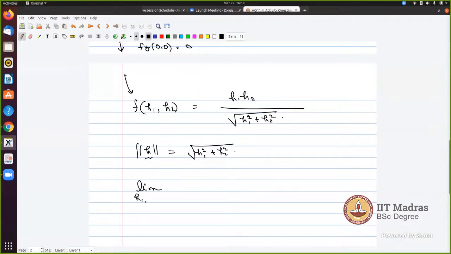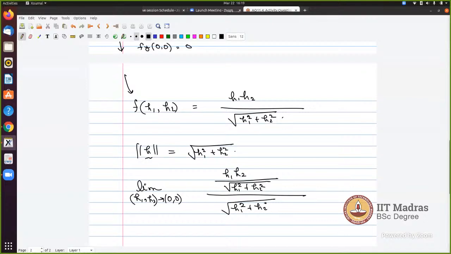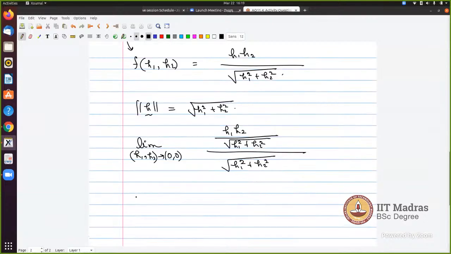Limit as (h1,h2) goes to (0,0) of h1 h2 by (h1 square plus h2 square) divided by root over h1 square plus h2 square. So what we'll get? h1 square plus h2 square, right?